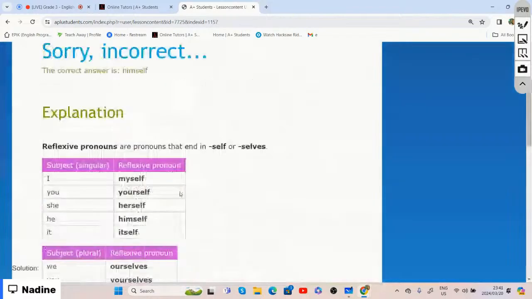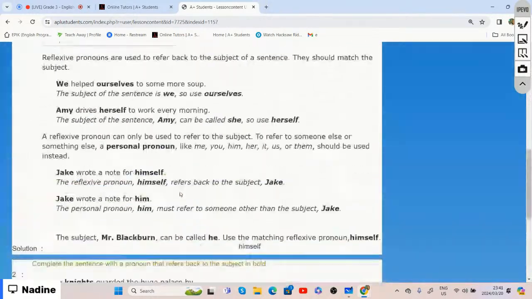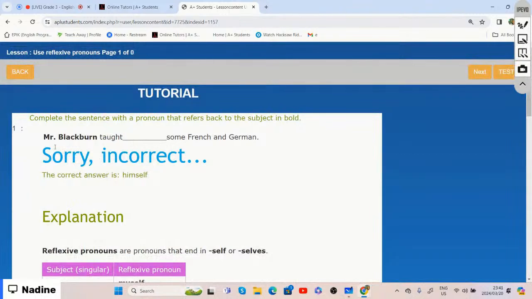For example, if we're referring to Mr. Blackburn, Mr. Blackburn taught some French and German. If it refers back to Mr. Blackburn, it says Mr. Blackburn taught some French and German.